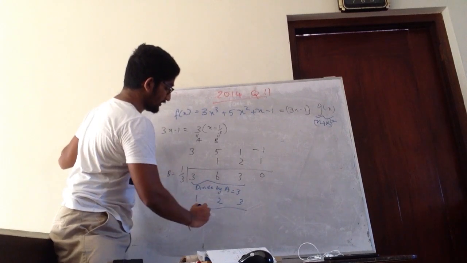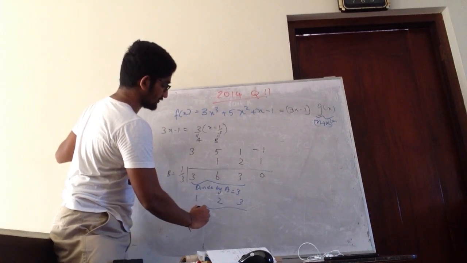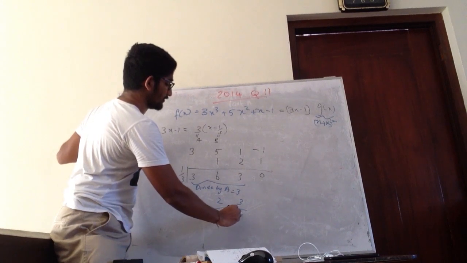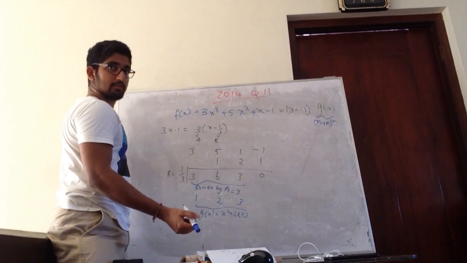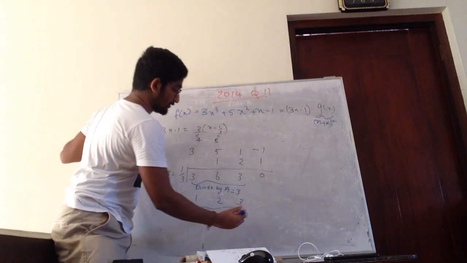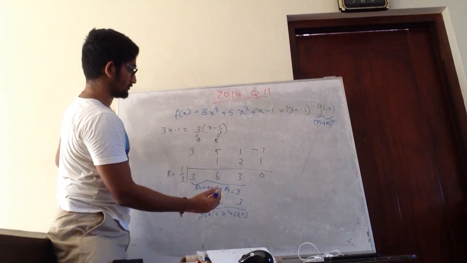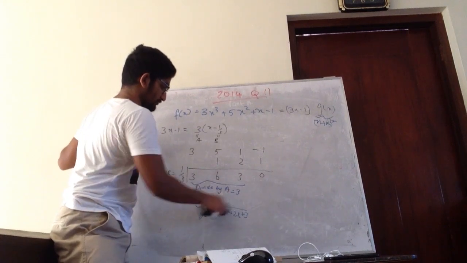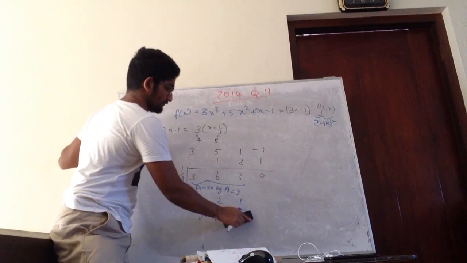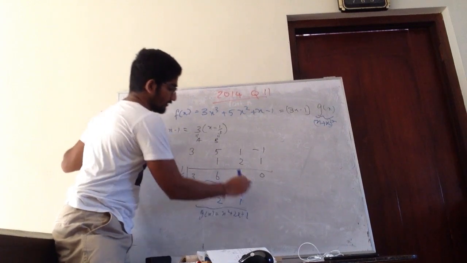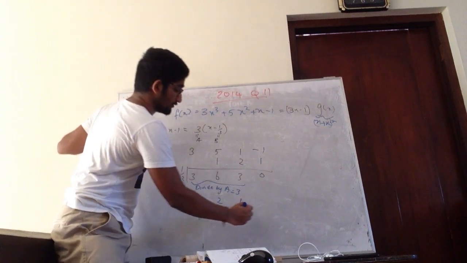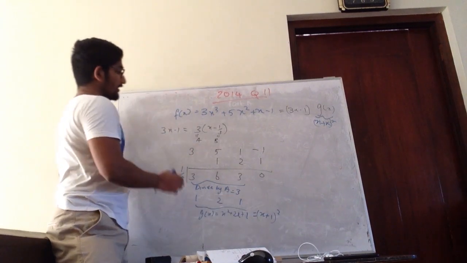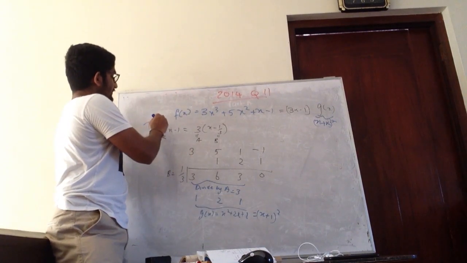So this will be basically g(x), x squared plus 2x plus 3. No, sorry, 1. If you divide by 3 it is 1. This is basically (x plus 1) squared. This is the theoretical way.